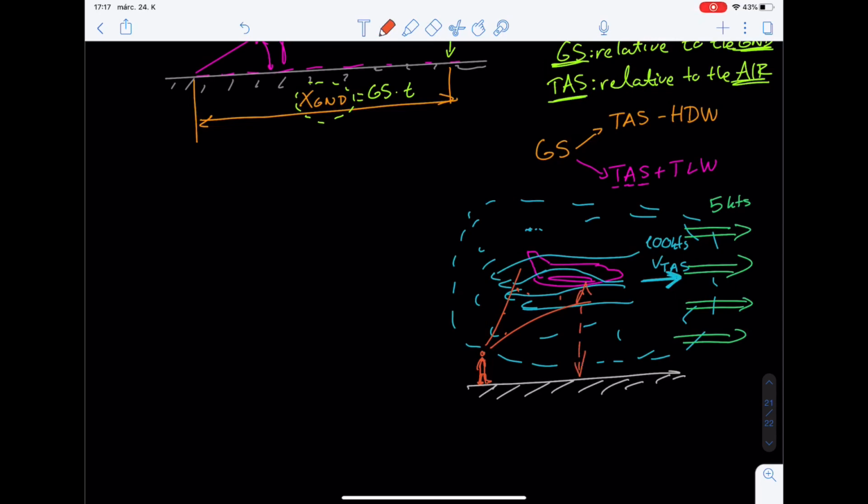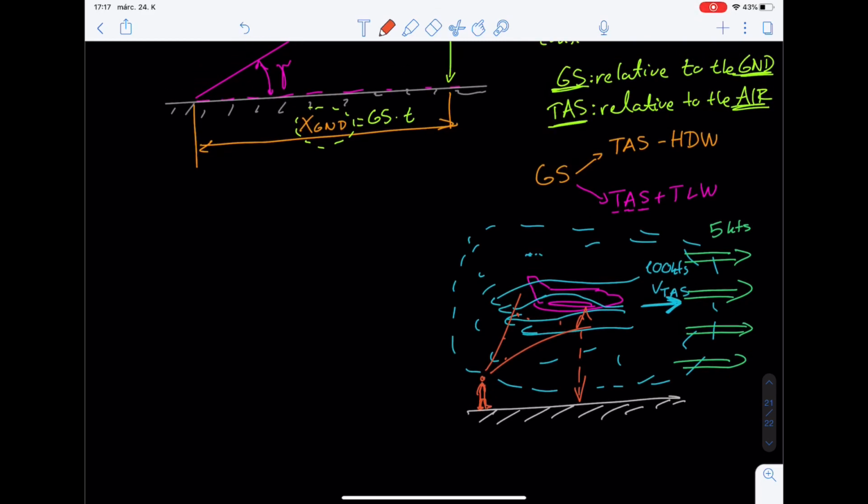And it's going to be the sum of the movements of the aircraft relative to the air mass and the air mass's movement relative to the ground. So the sum of the two effects, so therefore I'm going to see that the aircraft is moving relative to the ground with 105 knots.